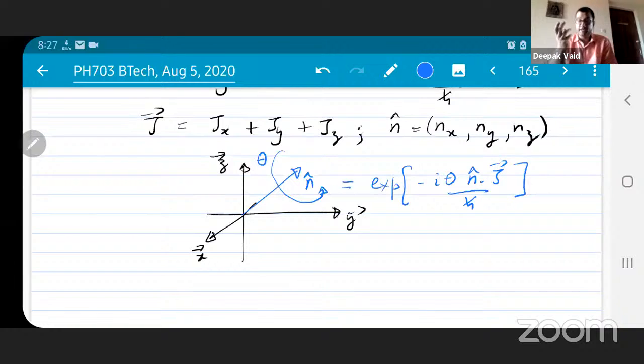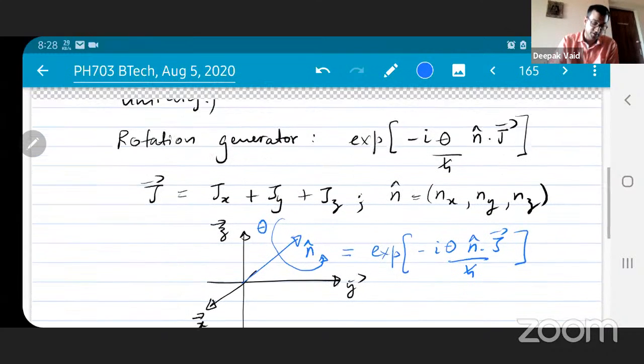So you know that any rotation in 3 dimensions, right, can be written as a combination of 3 different rotations, one around x, y, and z separately, or you can write it as one rotation around one given axis. We will talk about properties of rotations later on, so don't worry if you are not aware of these things.